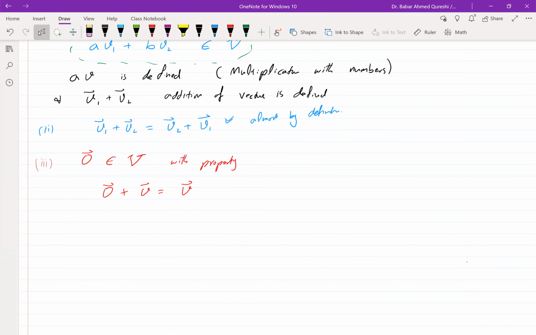And lastly, you want this: that if I multiply any vector by 1, I get the vector back. And then you also have, I think probably I can combinedly write those things, that you have these distributive laws.